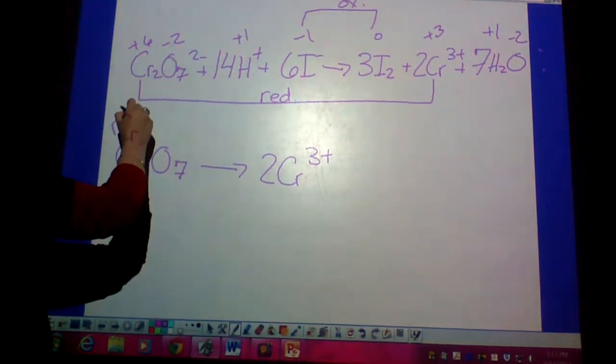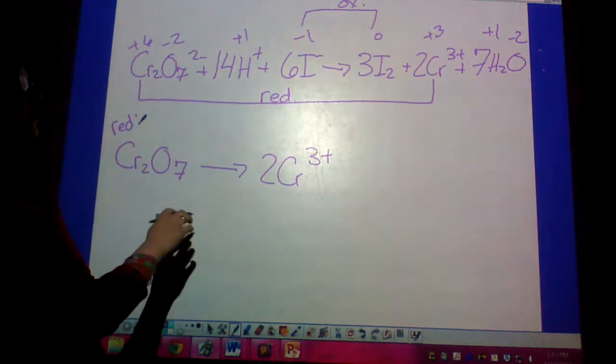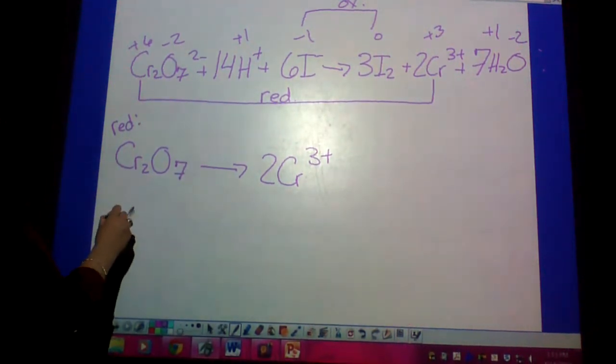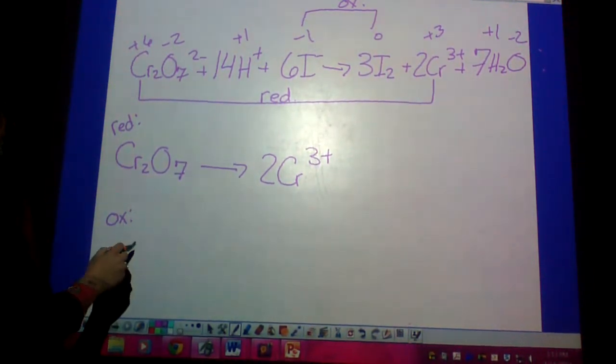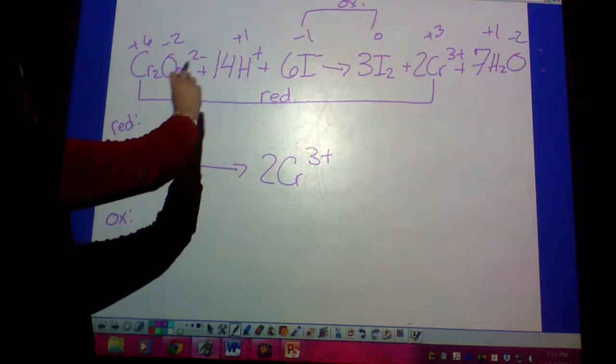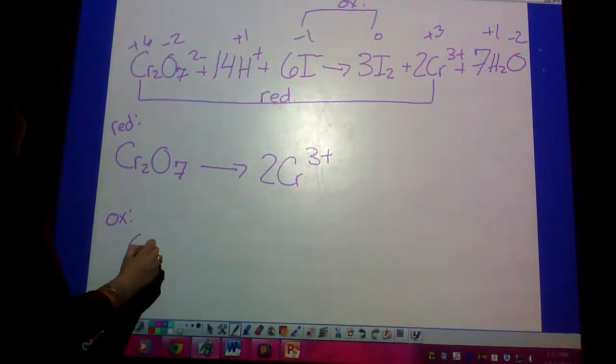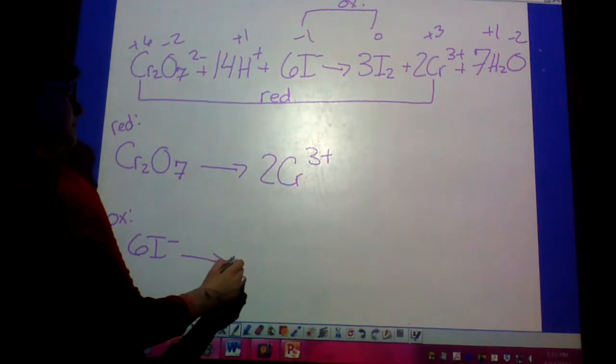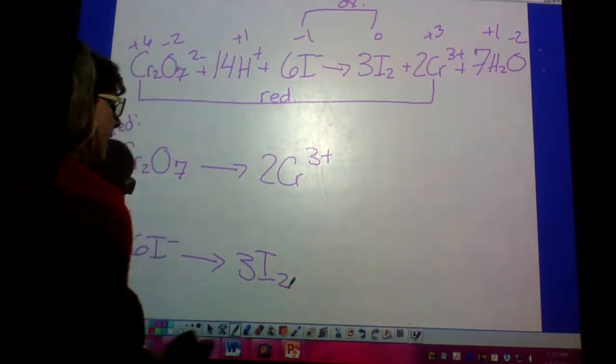This is my reduction half part, and this is not balanced at all. We're just writing it very quickly. Oxidation would be iodine. So I'm going from 6I- to 3I2.